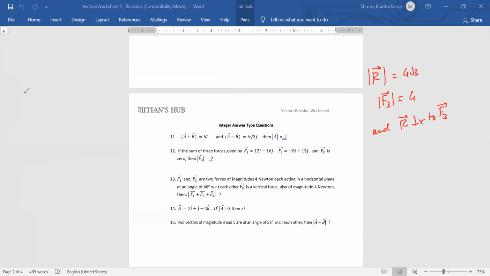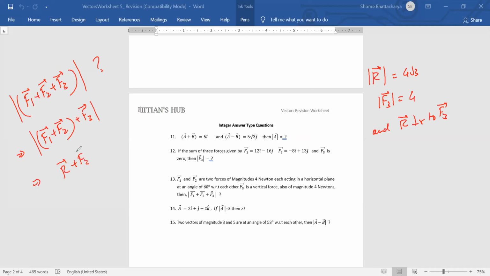So now I want to find out F1 plus F2 plus F3. I want to find its magnitude. So that is the same thing as F1 plus F2, the whole thing plus F3. Okay. So that is nothing but R plus F3.